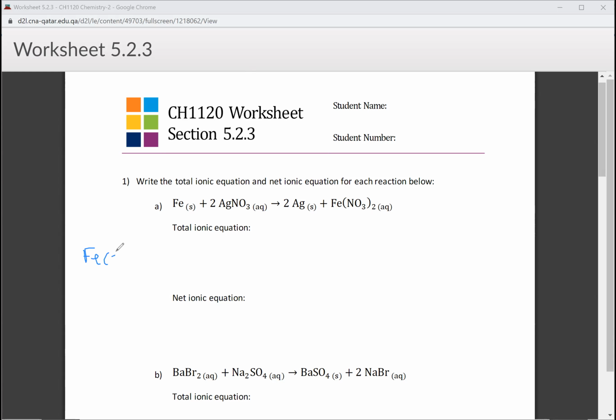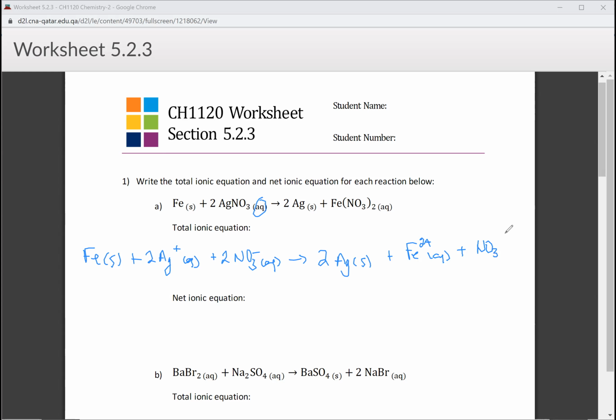So Fe solid, that stays the same. It's not aqueous. I add 2 silvers. That would be aqueous because the chemical is aqueous. I add 2 nitrates. Okay, I get 2 silvers and I get my iron, which is again aqueous because the molecule is aqueous.